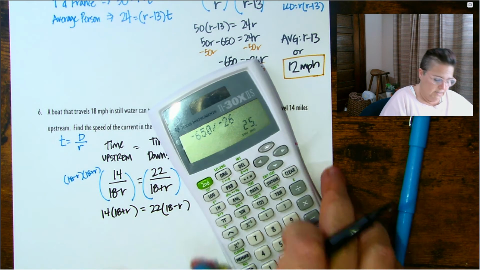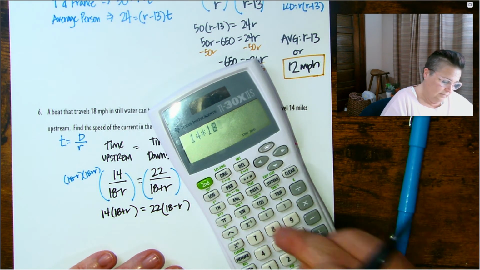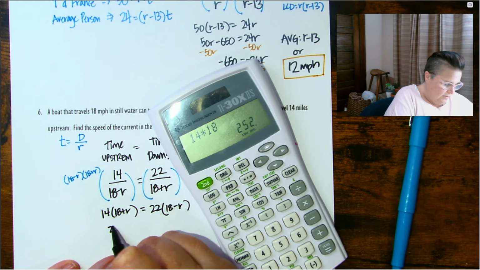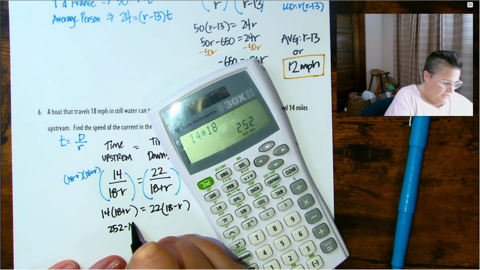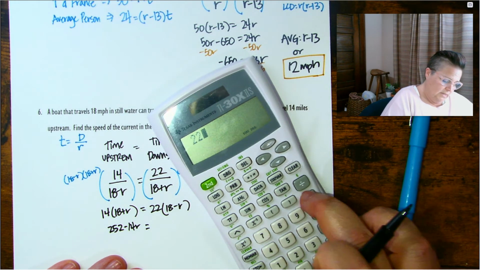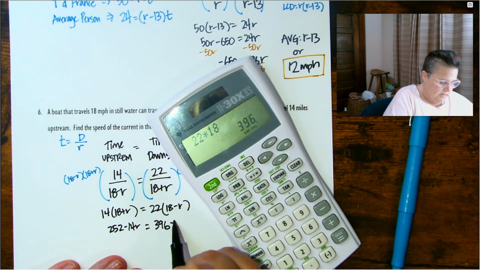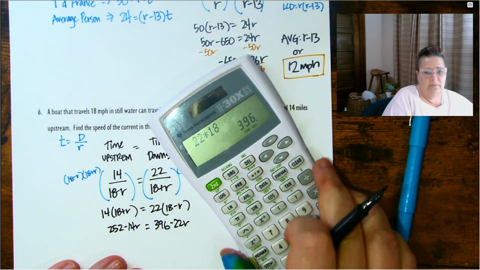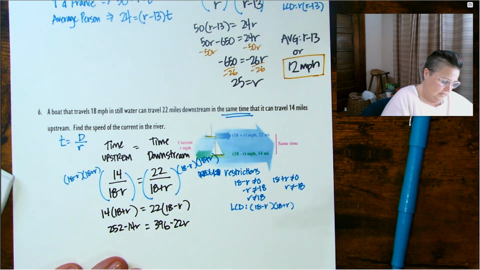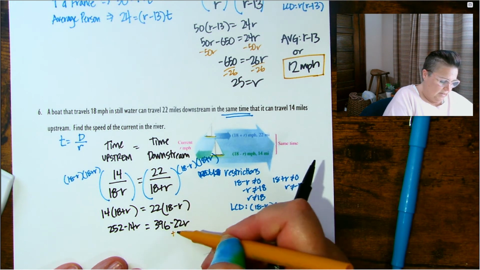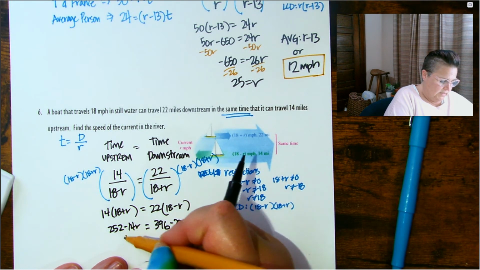Distributing, 14 times 18 is 252 minus 14R. 22 times 18 is 396 minus 22R. I'm going to add 22R to both sides.